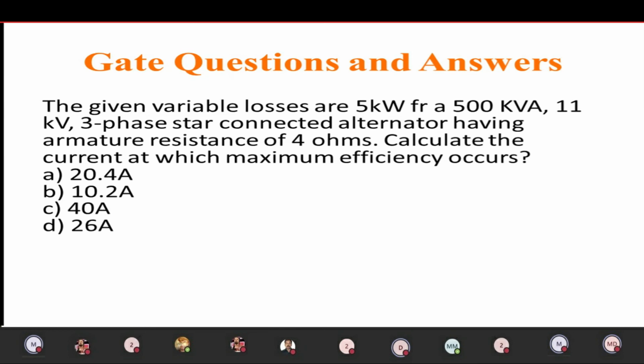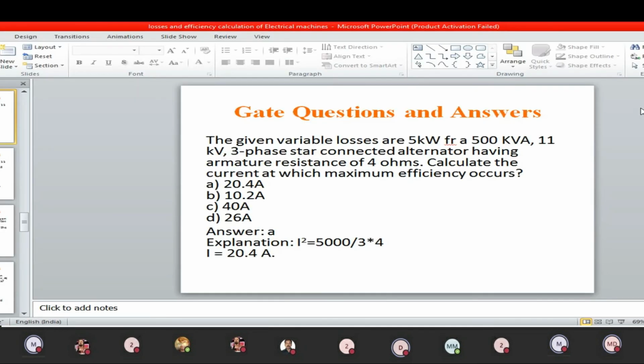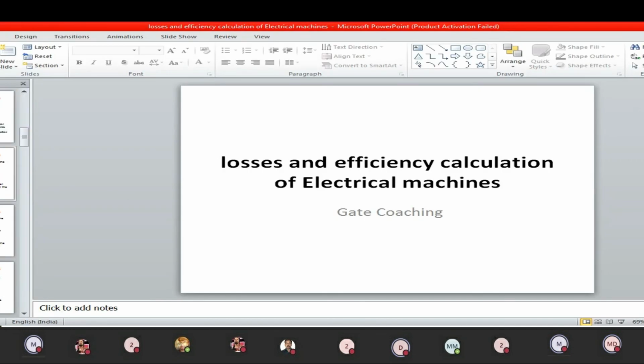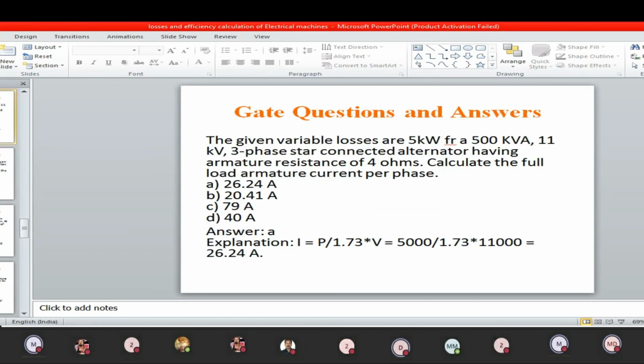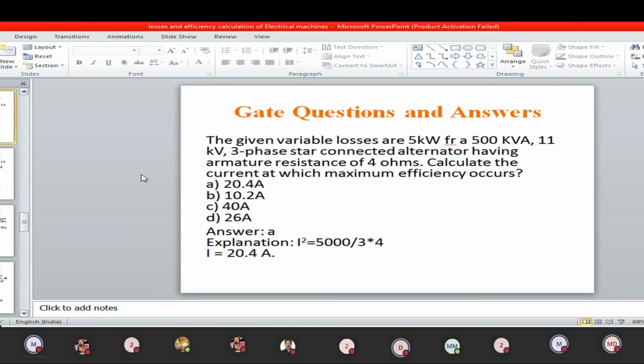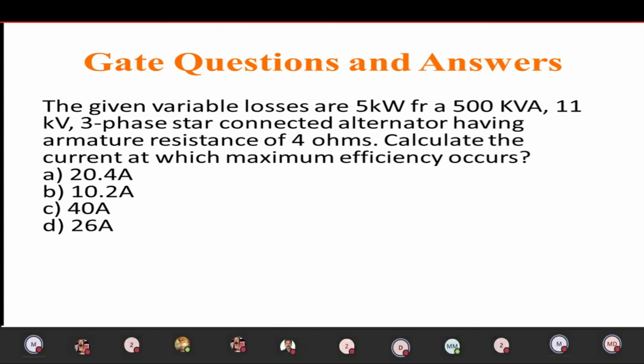The given variable losses are 5 kilowatt.